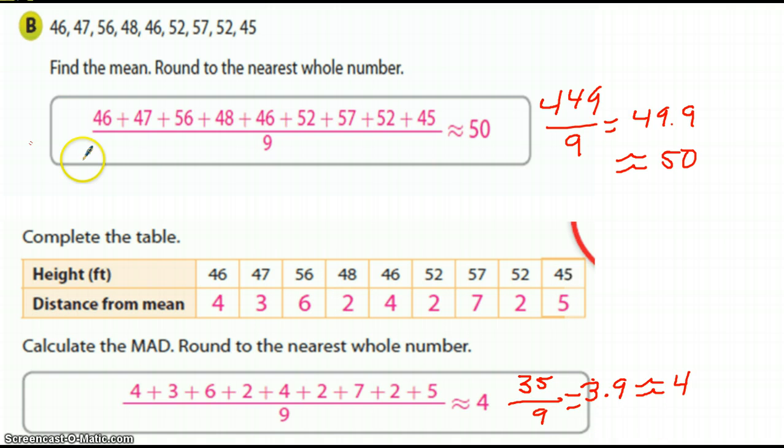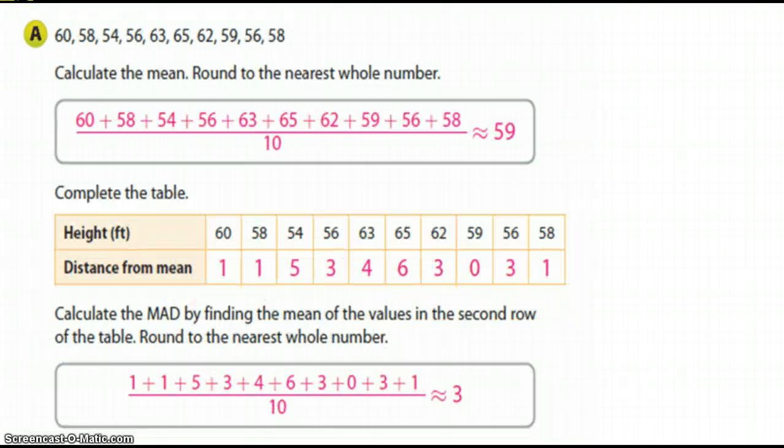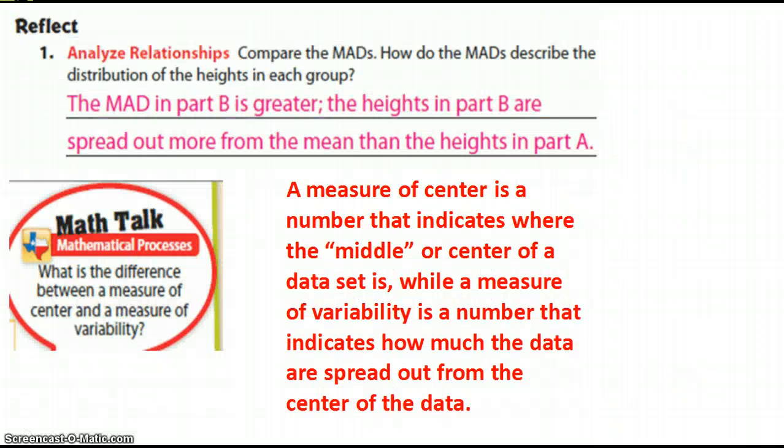So if we go back and compare A to B, we see B is 4, and what do we get for A? We got 3. So now let's answer the reflect question. The MAD in part B is greater. The heights in part B are spread out more from the mean than the heights in part A. So that means that part A's variability is closer to the center than part B. All right, so this is how we want to do it.